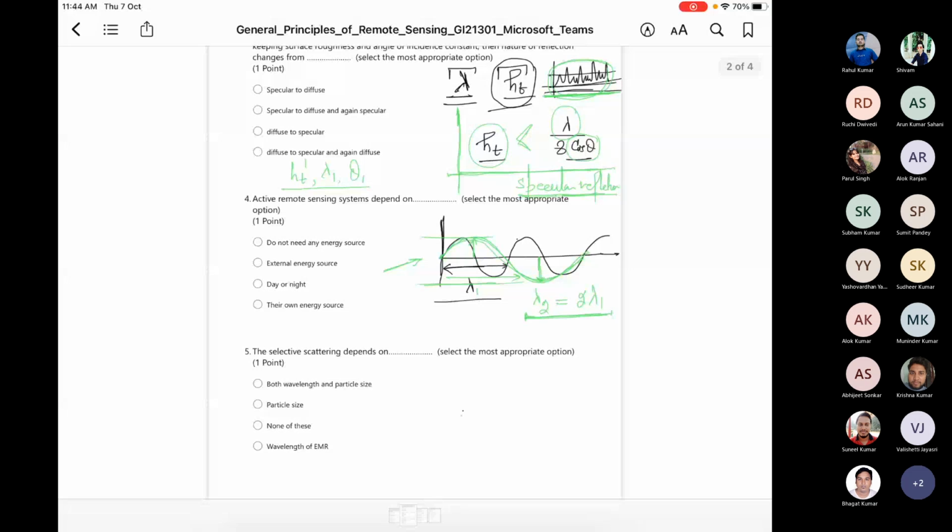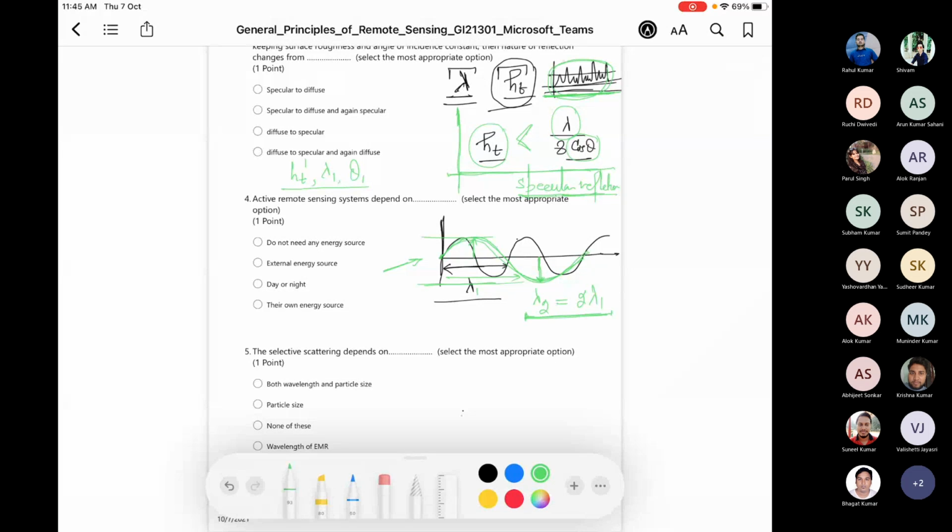So what is happening now? This wavelength is decreasing, monotonically decreasing.